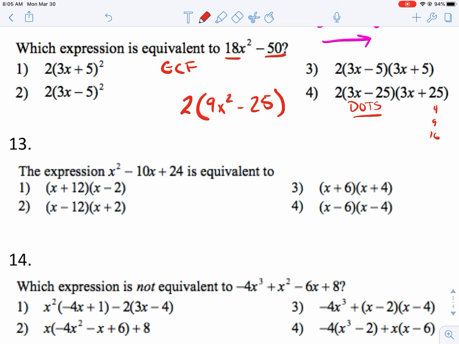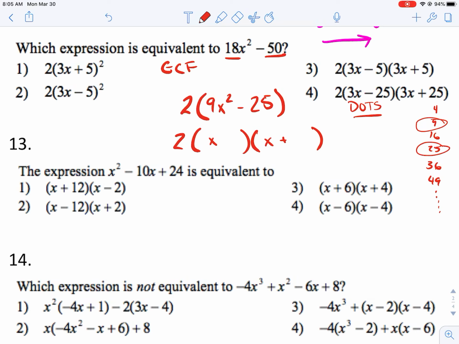All right, so don't forget our perfect squares are 4, 9, 16, 25, 36, 49, and it keeps on going. I'm focused on these two right now. So 9 is actually just 3 times 3, and 25 is 5 times 5.